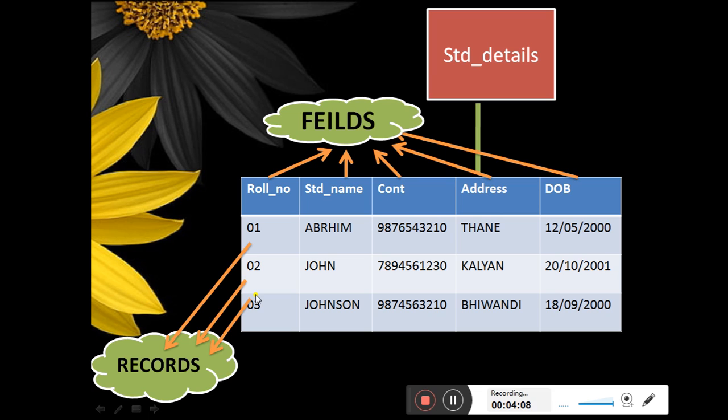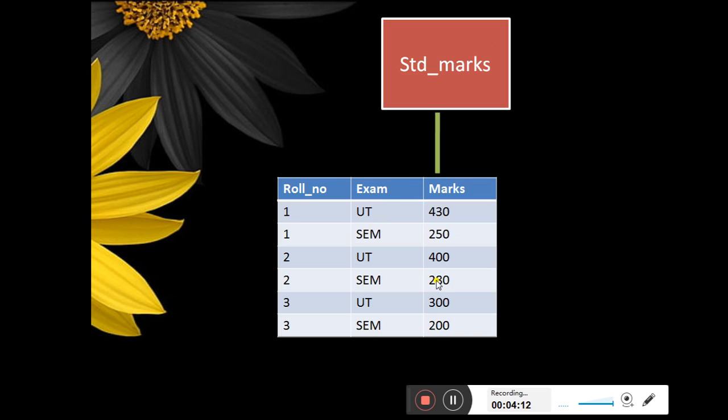Got it? Now in the second table, again we are going to insert records. We have already created the fields roll number, exam and marks, right? And now we are going to enter the records in roll number, exam and marks.